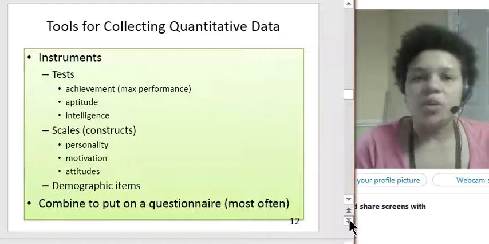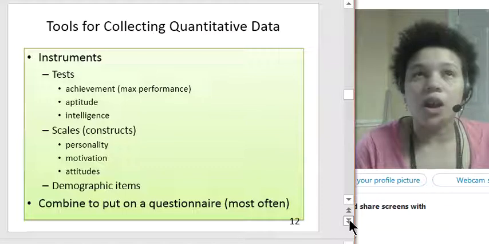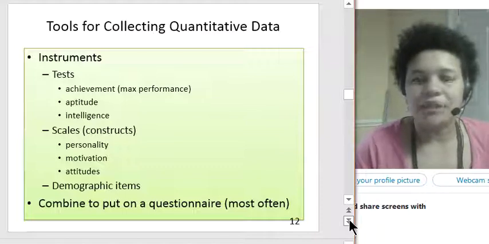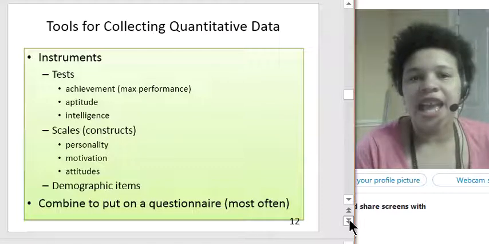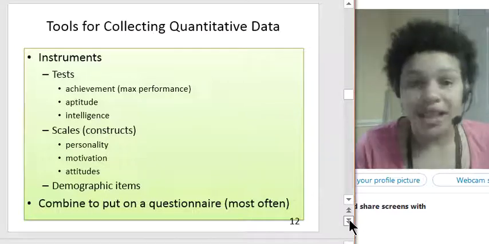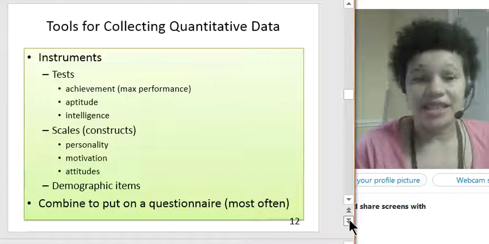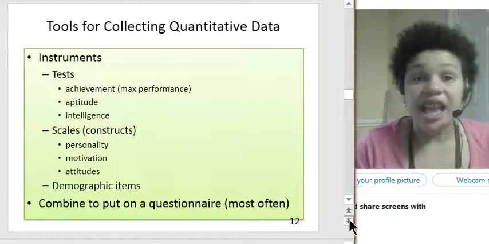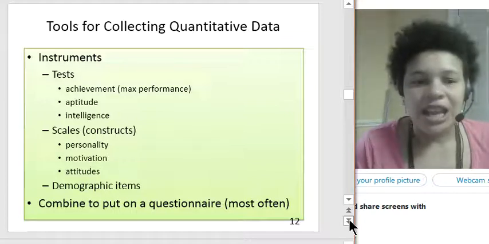Scales are the term we use when we're trying to measure some kind of construct, something that you can't necessarily observe directly, but that does exist, such as aspects of personality, motivation, or attitudes.